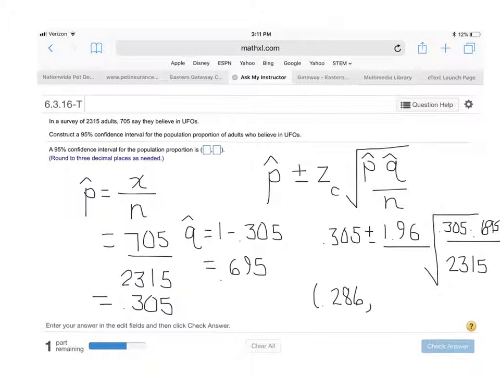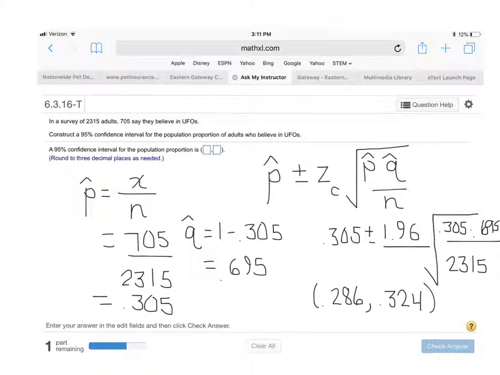And then we do the same to get our upper limit, except we just take plus the margin of error of 1.96 times that square root value, and we get 0.324. So we can say that we are 95% confident that the true proportion of all adults who believe in UFOs is somewhere between 28.6% and 32.4%.